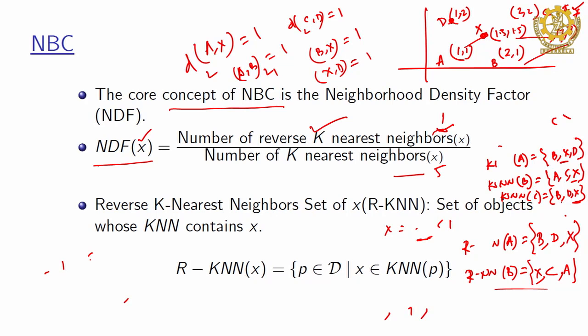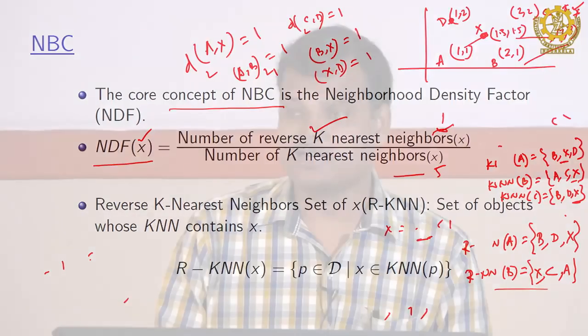This is one example: the NDF value of one point will be 1 and of another point also 1, but in general the number of reverse k nearest neighbors can be more than the number of k nearest neighbors.